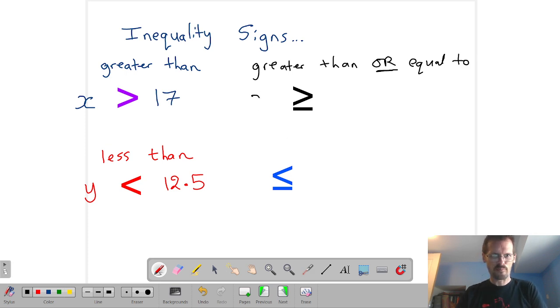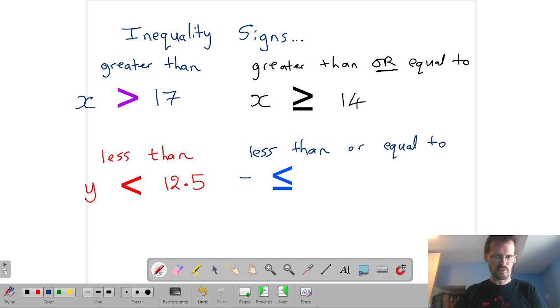For example, if I've got this, 14, you would read that as X is bigger than or equal to 14. So it could be 14, could be 15, could be 17.6, could be all kinds of things. And the final one looks like a less than symbol, but it's also got the equals bit, so it's less than or equal to.